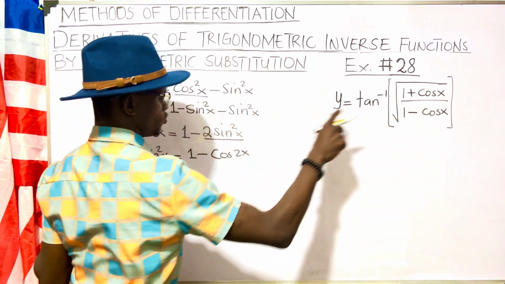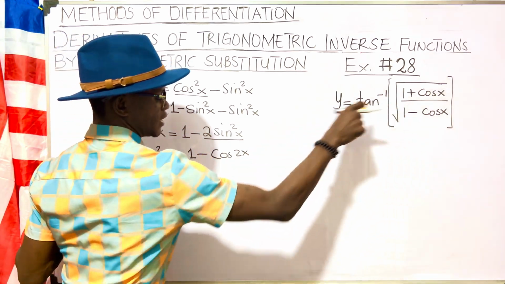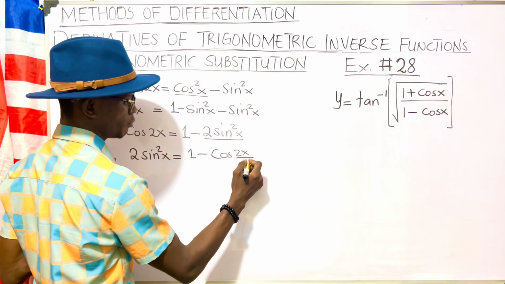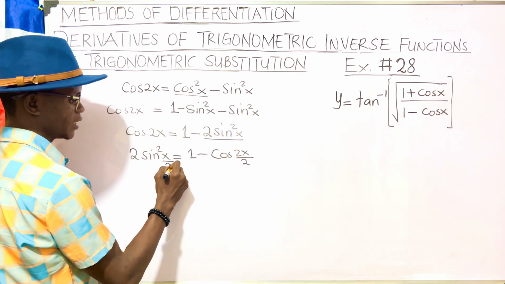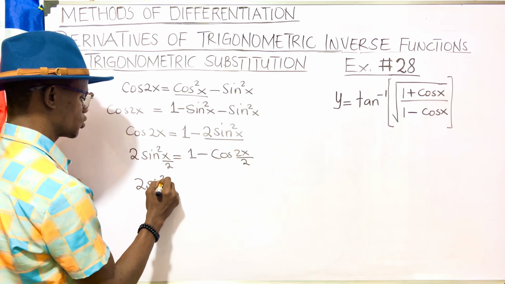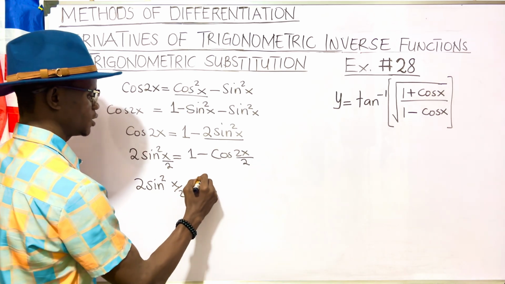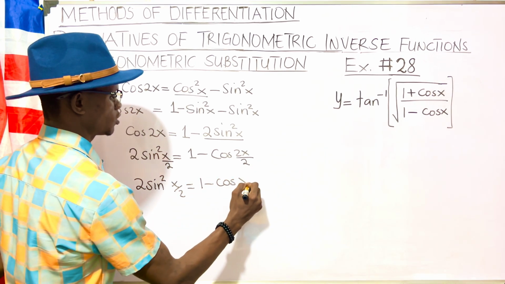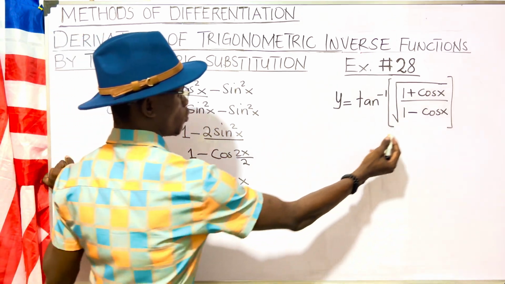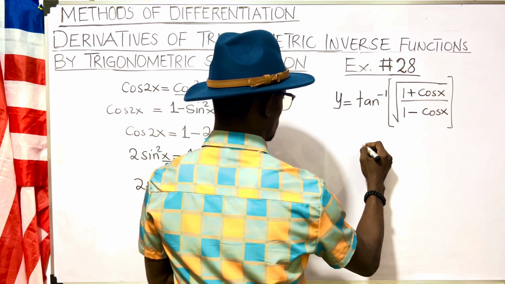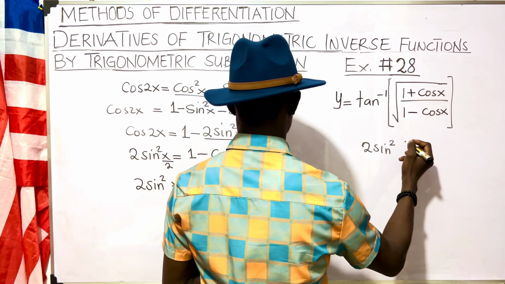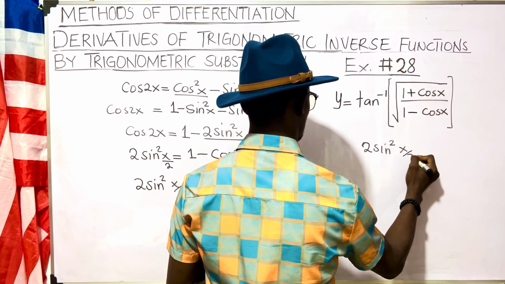Now 1 minus cos of 2x and 1 minus cos of x are similar, but the angles are different. So we can divide both sides by 2, each angle now by 2, so that we get rid of this 2. So 2 sine square x over 2 is just equal to 1 minus cos x. So wherever we see 1 minus cos x, we're going to put 2 sine square x over 2.